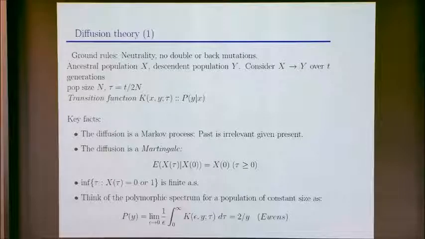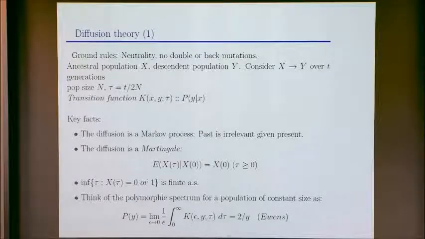So in some tiny interval, there's a very small probability, epsilon delta t, that a mutation occurs, and I'm interested in the probability distribution of the allele frequency now.